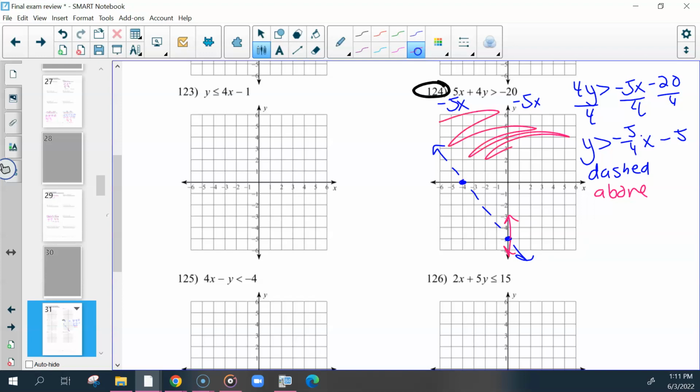So above would be this. Do we have any questions on that? Are there any others on this page we want to see or go over?